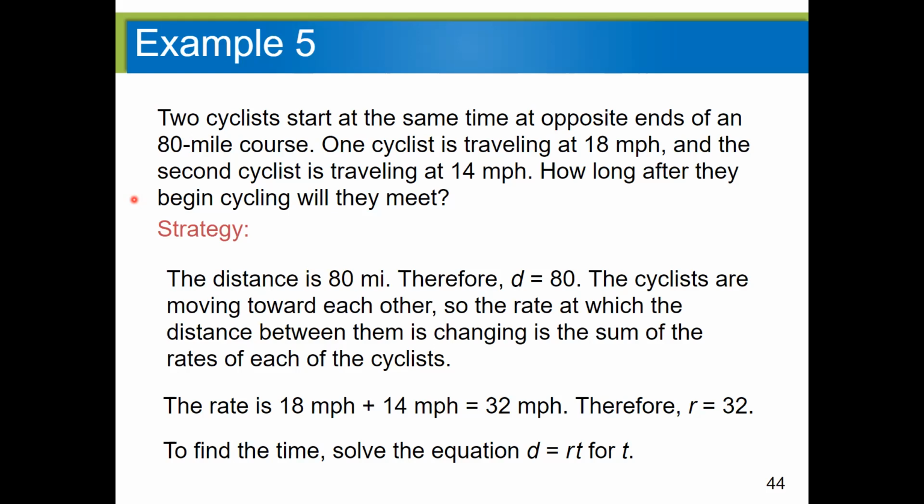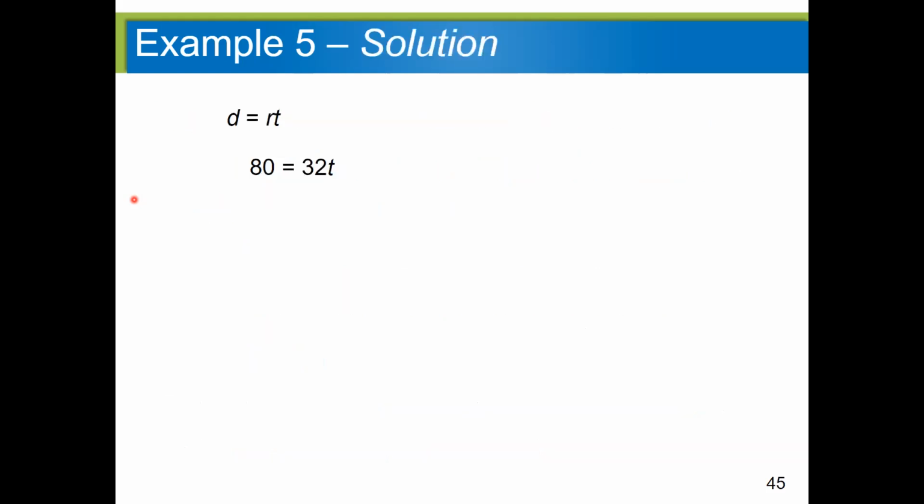So instead of having the bicyclists travel towards each other, which is what's actually happening, I can calculate based on one bicyclist not moving and the other one going at 32 miles per hour. And when I do that, my math becomes very, very easy. I have 32 times t, that's multiplication. What's the opposite of multiplication? Division.